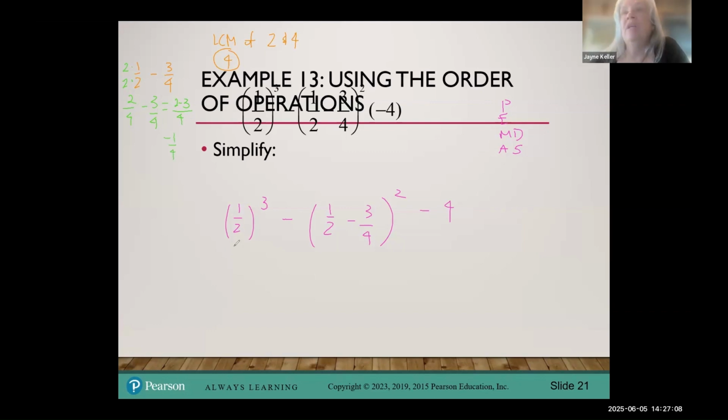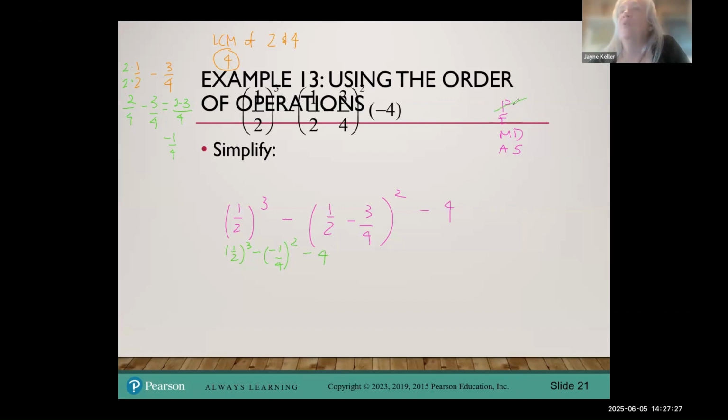So let's rewrite all of this with what we've done: 1/2 cubed minus -1/4 squared minus 4. Now the parentheses are done.